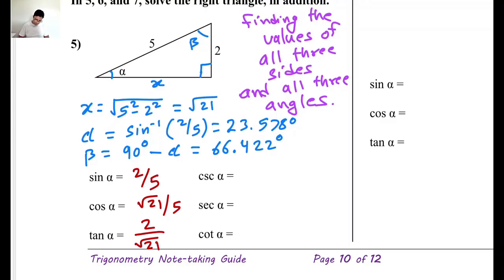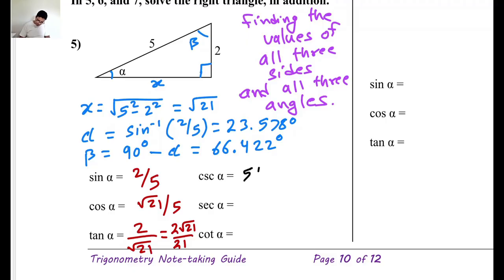Now of course you would like to rationalize that by multiplying by under root 21, both numerator and denominator. So that is 2 root 21 over 20. Now, what about the other ratios? They will be reciprocals, right?